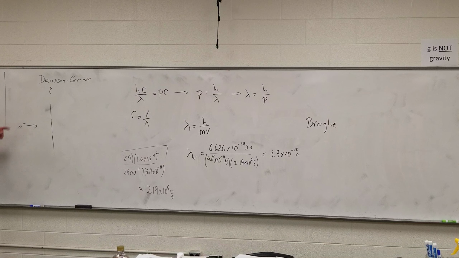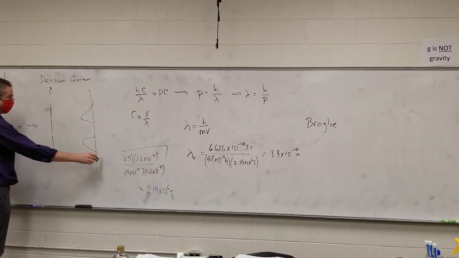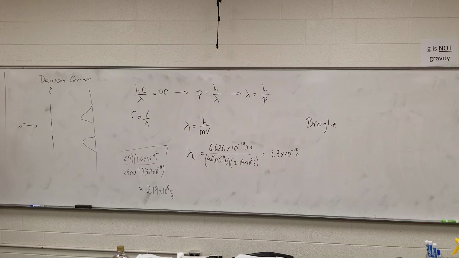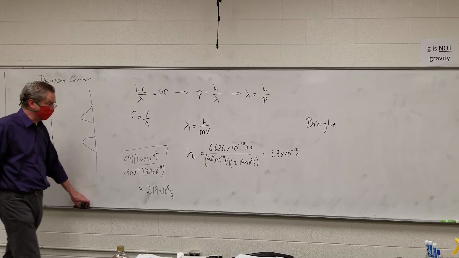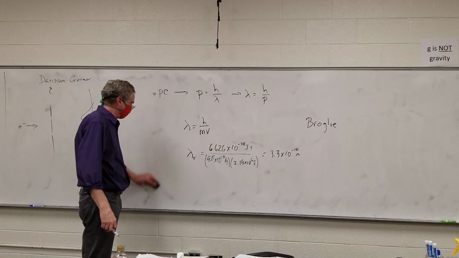Now, if electrons are particles, what you would see is a whole bunch of electrons here and a whole bunch of electrons here. If it's a wave, we'd get a pattern very similar to what we got when light went through the double slit in the early 1800s.